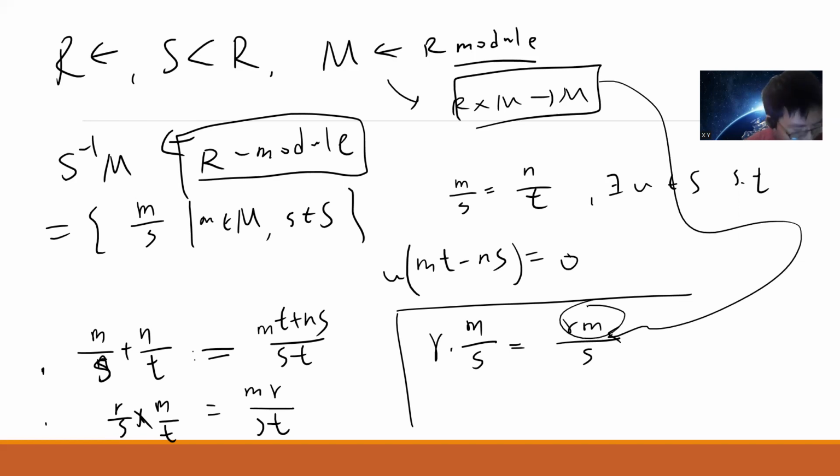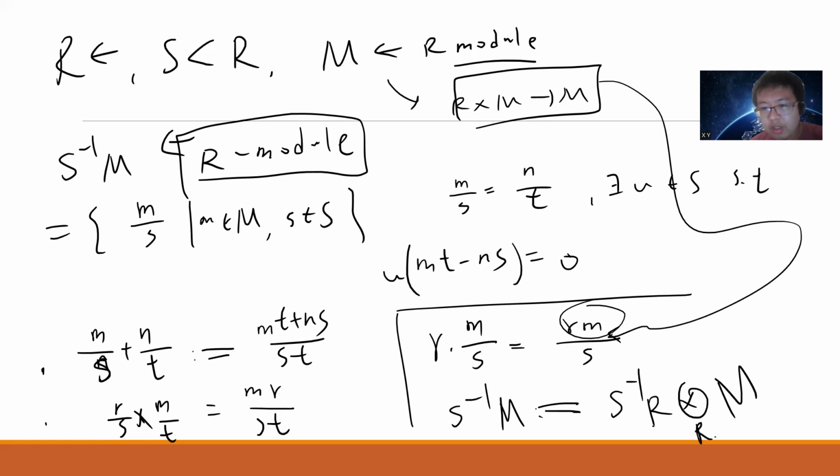Another definition, if you know tensor products, is that one can define this to be S inverse R tensor product with M over R. You can view this as R divided by S tensor M, so you need to view S inverse R as an R module.